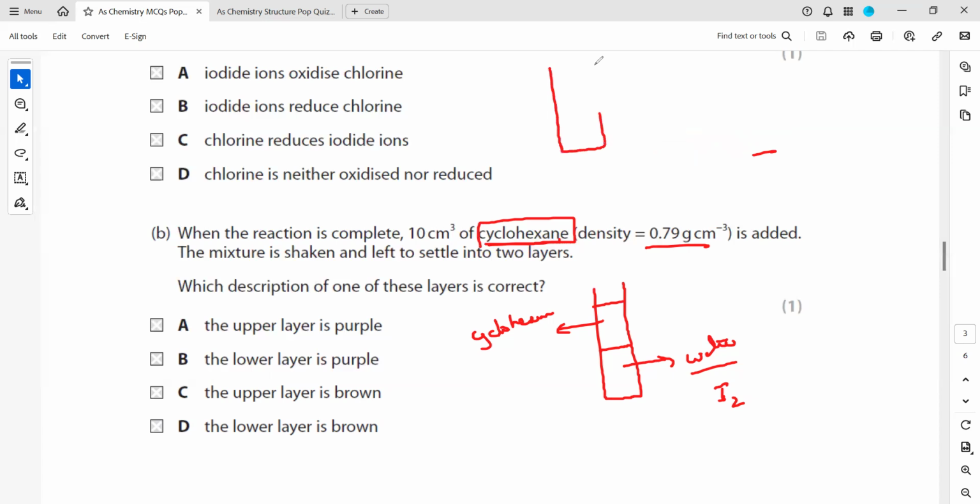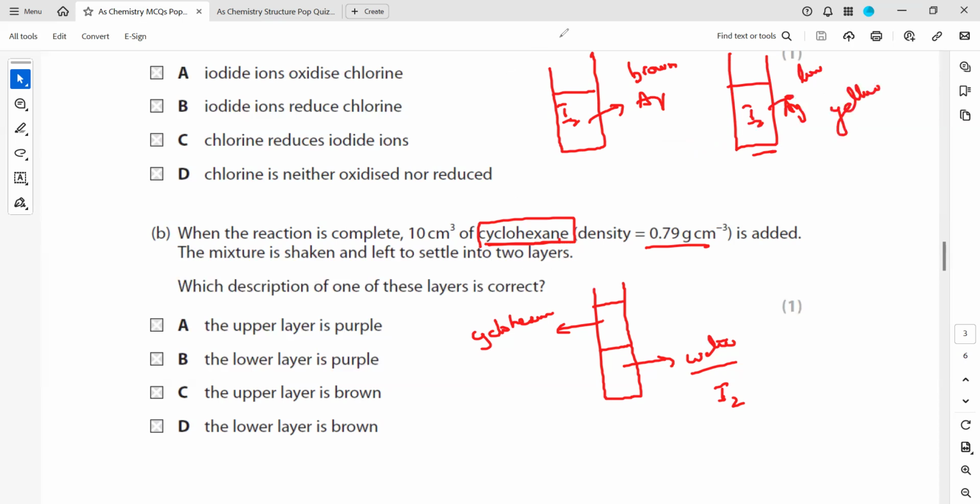When iodine is in aqueous solution, meaning dissolved in water, with a high concentration it is brown in color. But when iodine is present in aqueous solution with a low concentration, it is yellow in color.